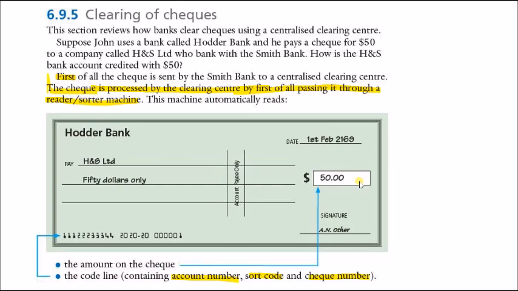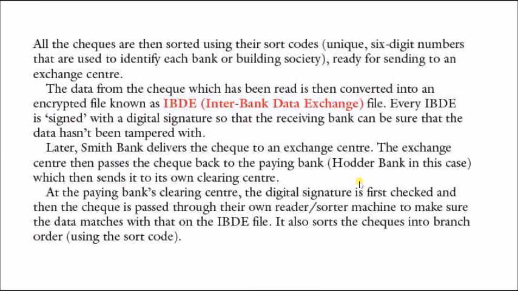All checks are then sorted using their sort codes, which are unique 6-digit numbers used to identify each bank or building society, ready for sending to an exchange center.